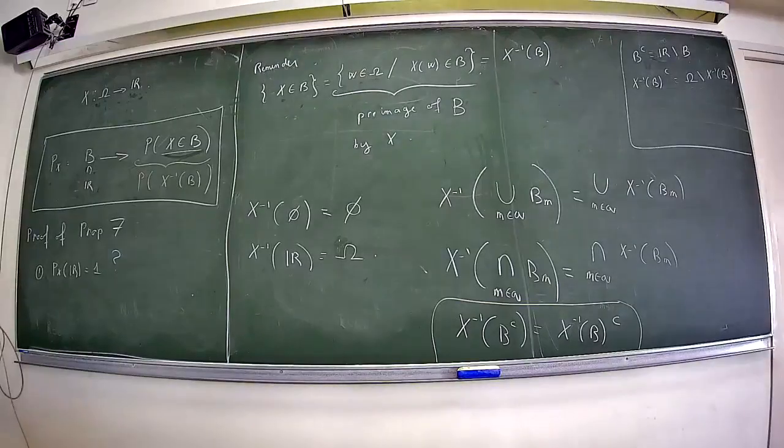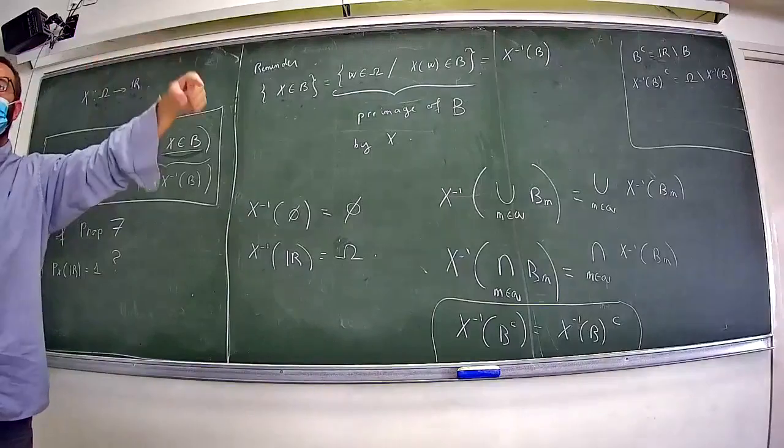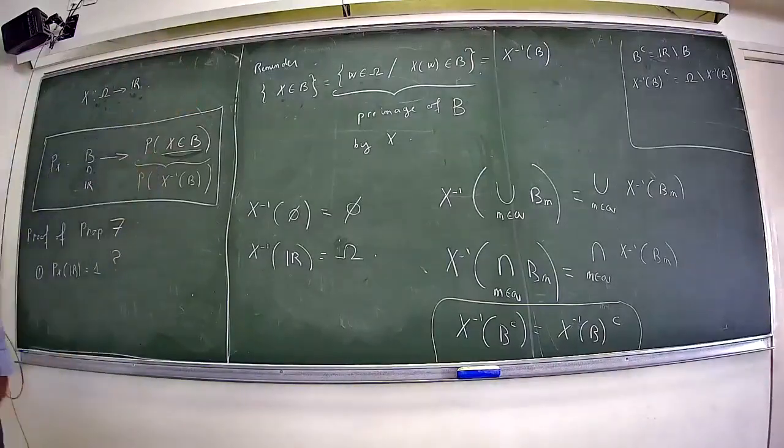Second point. The union. If I have a sequence of pairwise disjoint sets, the probability of the union is equal to the sum of the probabilities. What I have called the sigma additivity.